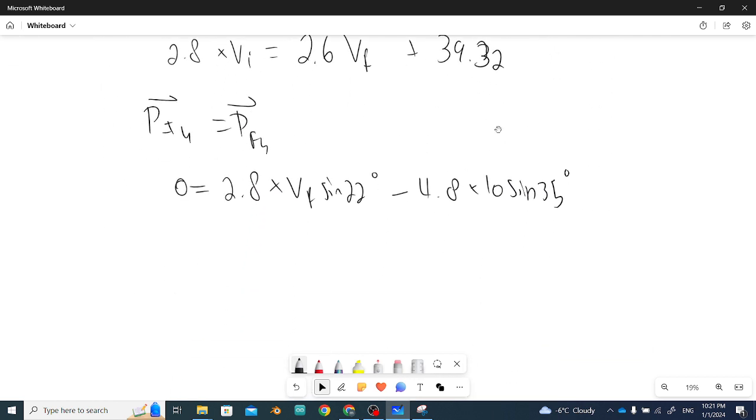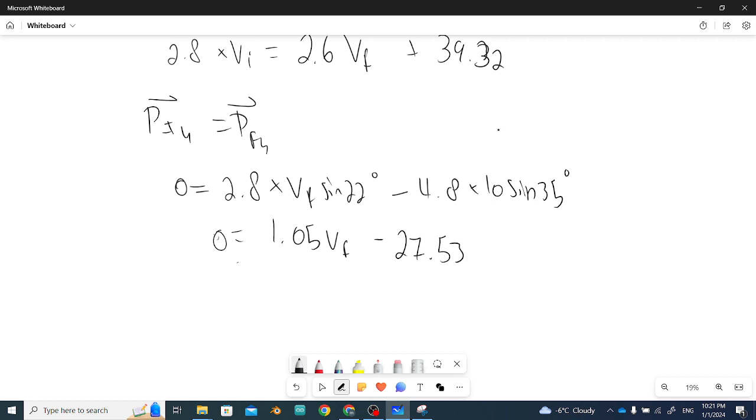So let's simplify all that. 2.8 sine 22 is 1.05 VF, and the other one will be minus 4.8 times 10 sine 35, which is minus 27.53.